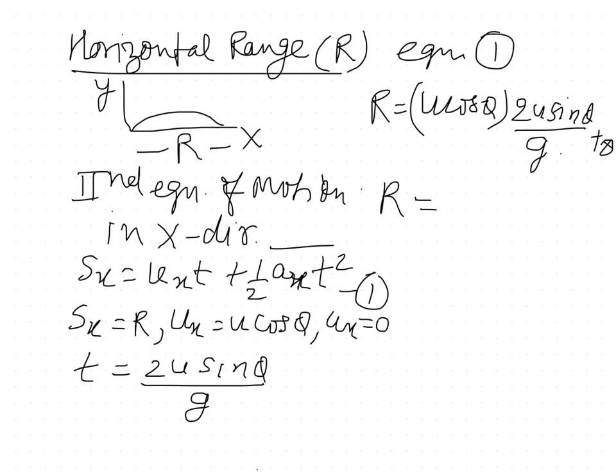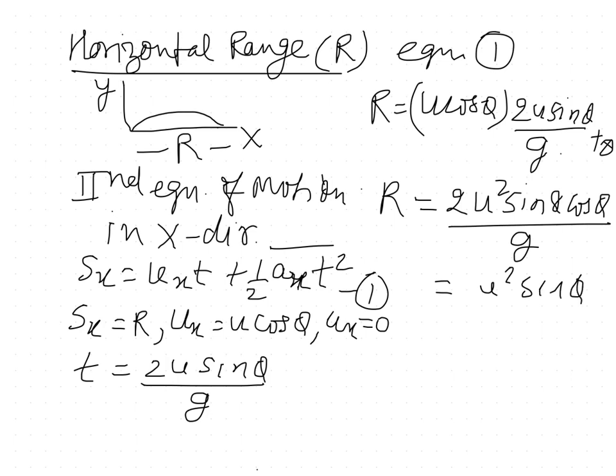So r can be written as 2u square sin theta cos theta upon g, or we can write u square sin 2 theta upon g. So that is the equation of range.